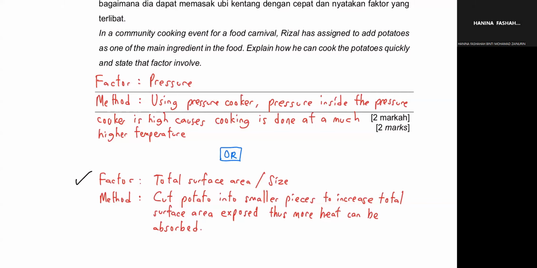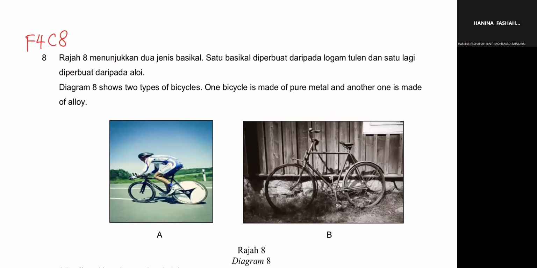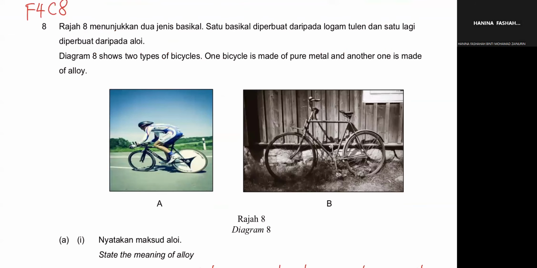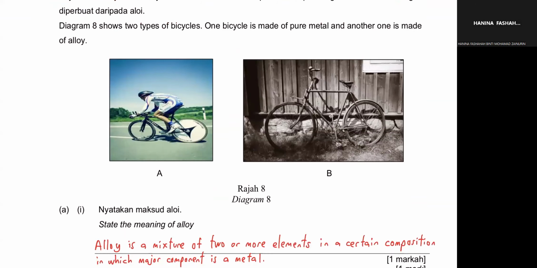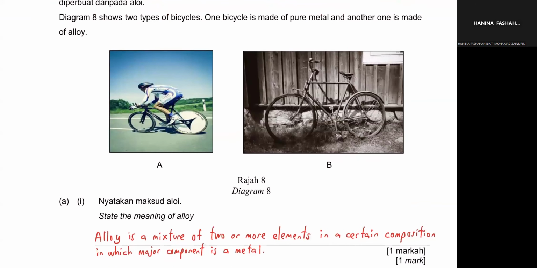Okay, Nana. For Form 4 chapter 8, question A is Form 4 chapter 8. So you can write out the meaning of alloy first. Meaning of alloy. The comparison is always between pure metal and alloy.